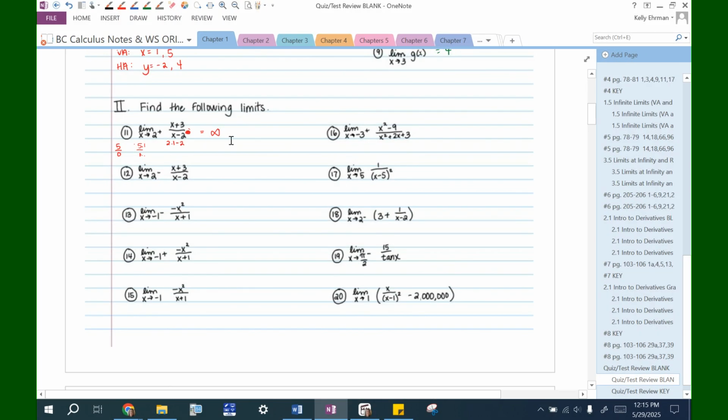And so you're heading to positive infinity. Below that, if we approach 2 from the left, say you've got 1.9, that's going to make this a positive on top and a little tiny negative decimal on the bottom. So again, think of like 4.9 divided by negative 1 millionth, it's going to be negative infinity.